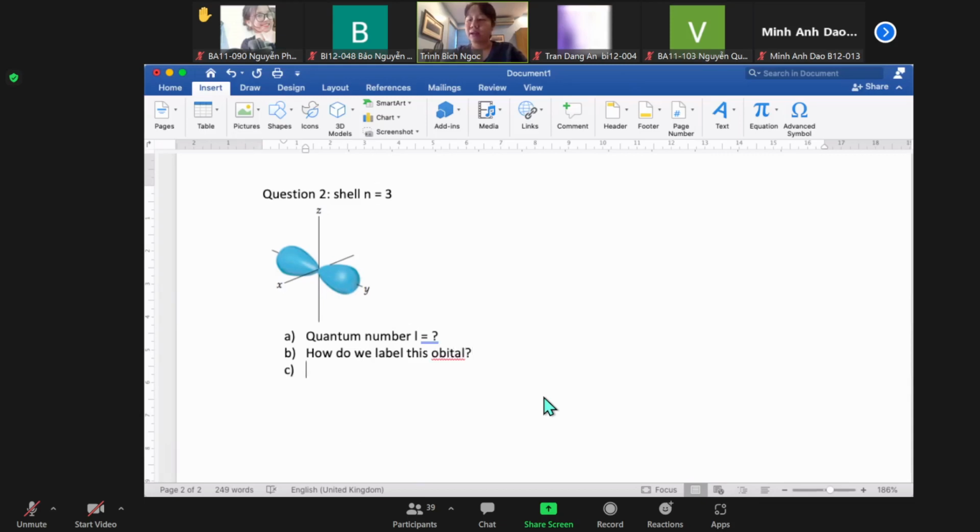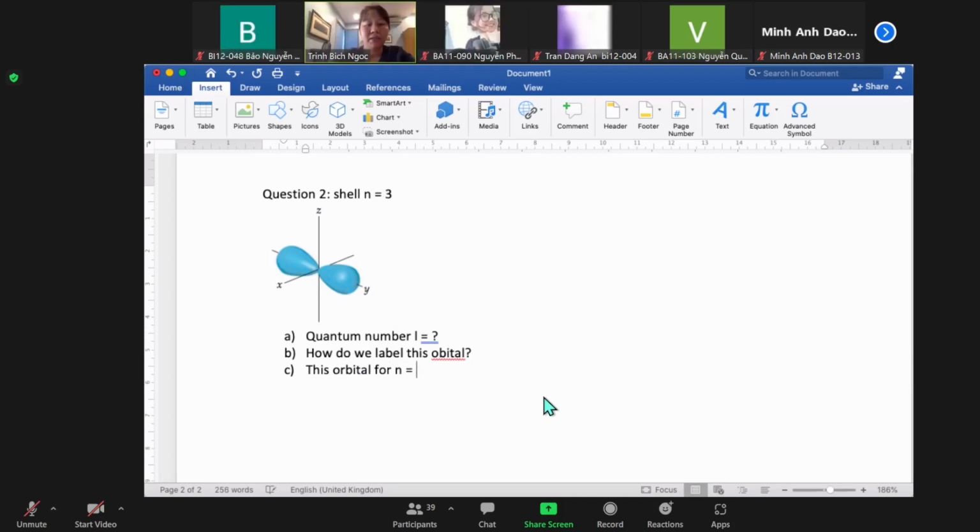And then if this orbital is not for the shell n equal to 3, but for n equal to 4, how will the form be, okay?